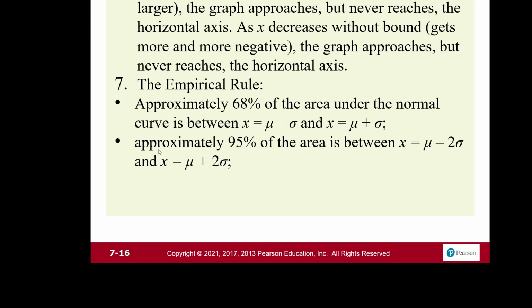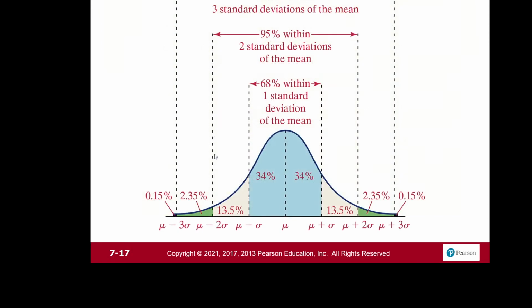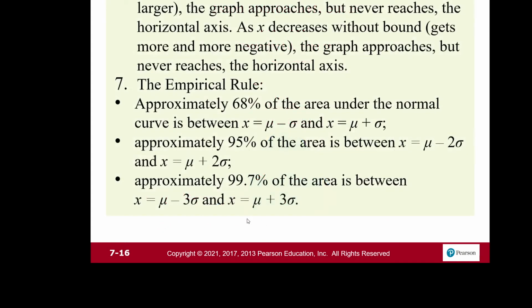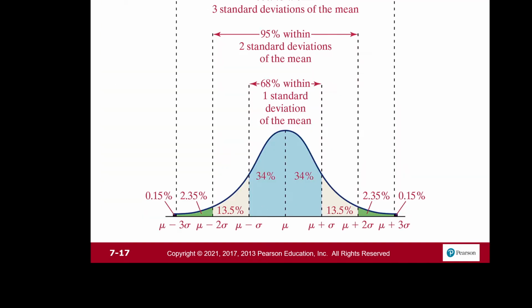The empirical rule is the 68, 95, 99.7 rule. This is that famous chart, and there are so many problems that can arise from this if you understand the normal distribution.